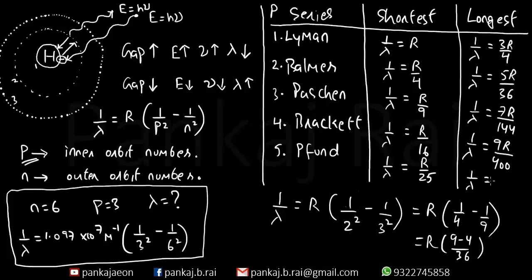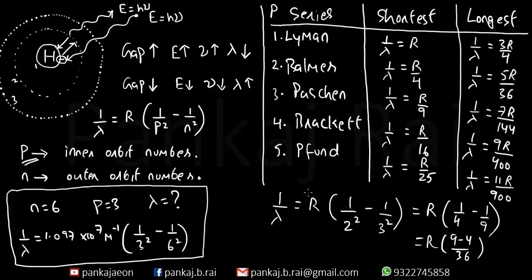For the longest wavelength of Pfund, the electron is moving from the 6th orbit to the 5th orbit, so add 6 and 5. 6 plus 5 would be 11, so it is 11R upon 6 times 5 is 30, and the square of 30 is 900. In this way you can get the shortest and the longest wavelengths of the corresponding series.